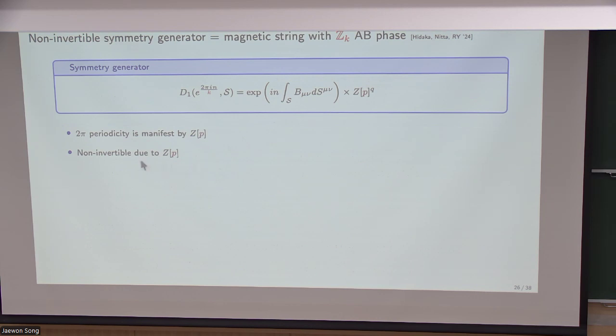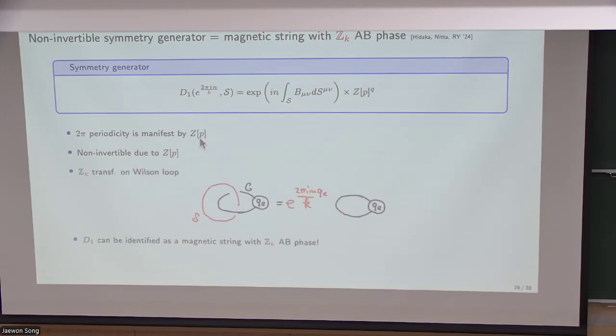Now the 2-pi periodicity is manifest by the partition function, but it is non-invertible due to the partition function. And this symmetry generator generates the Aharonov phase transformation on the Wilson loop, as in the previous discussion. So this non-invertible symmetry generator can be identified as a magnetic string with the corresponding Aharonov phase.